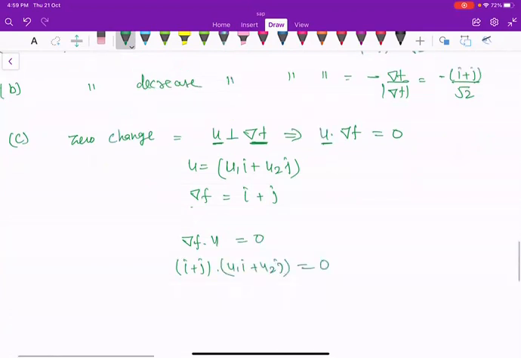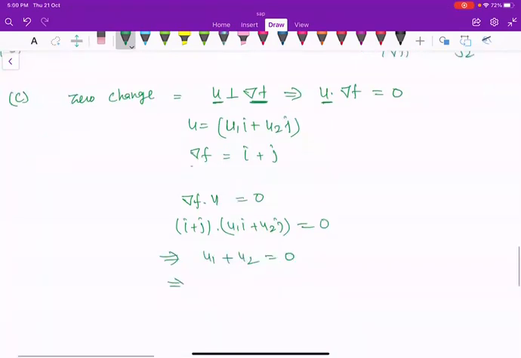This implies that u1 plus u2 equals 0, so u1 equals minus u2.